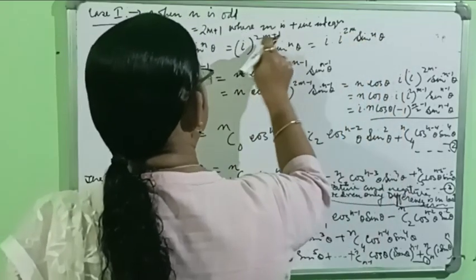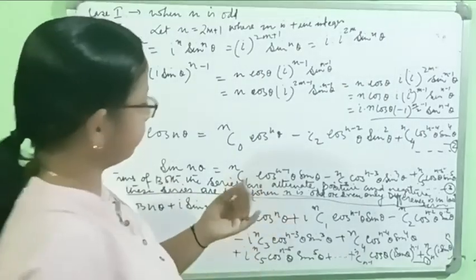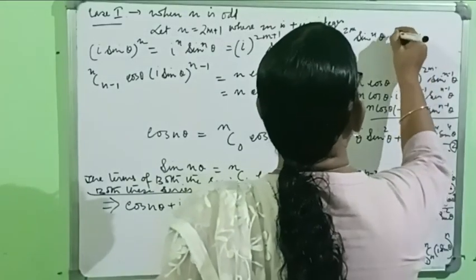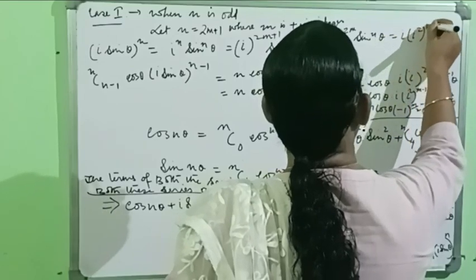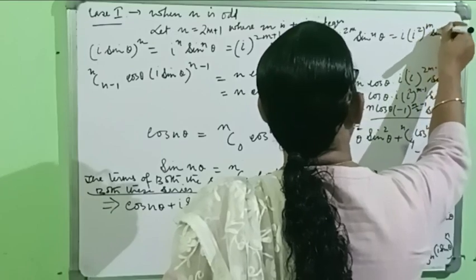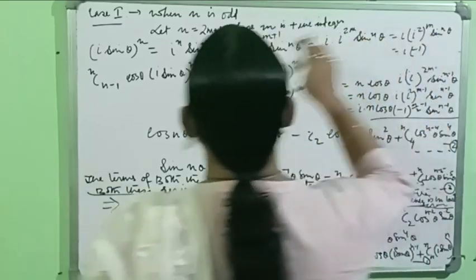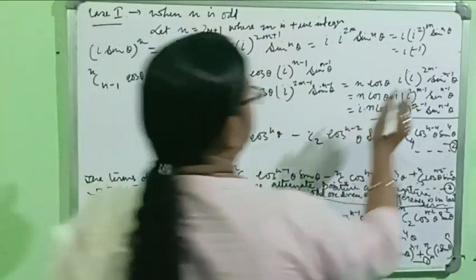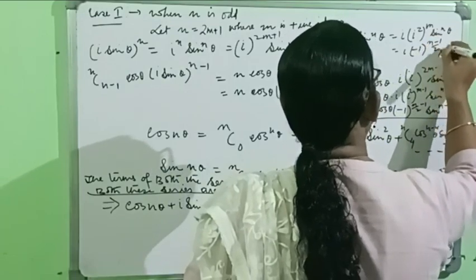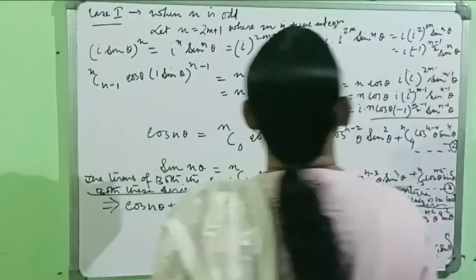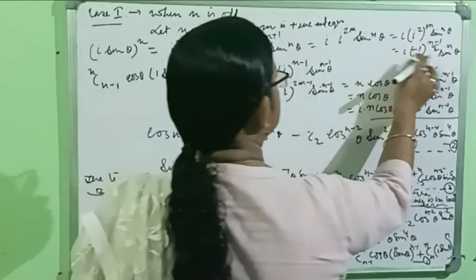If we add the powers, we get i squared to the power m, which is (minus 1)^m, where m is (n-1)/2, times sin^n theta. So when n is odd, this is the imaginary part.